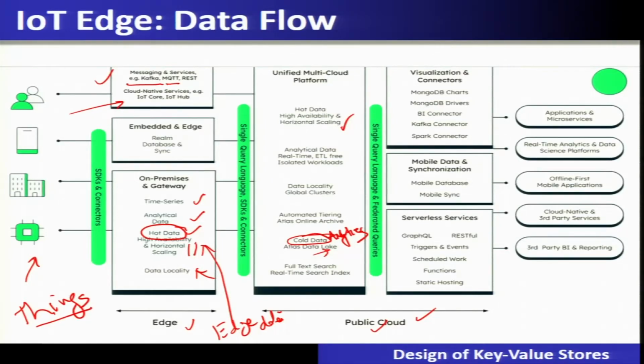That data store also requires enormous amounts of resources, because hundreds and thousands of IoT devices are sending data through the edge to the cloud. So, you require a horizontally scalable data store at the edge, and similarly at the cloud. Systems that support this horizontal scaling, or scalability, are called big data platforms.